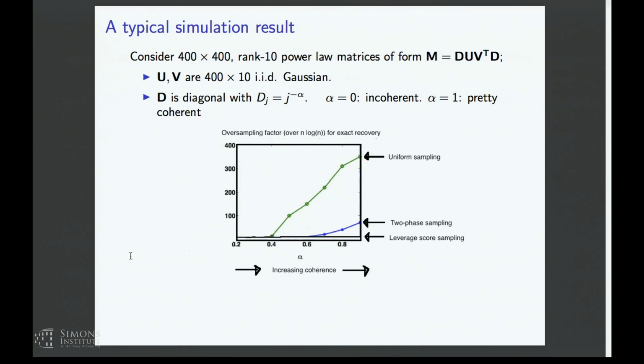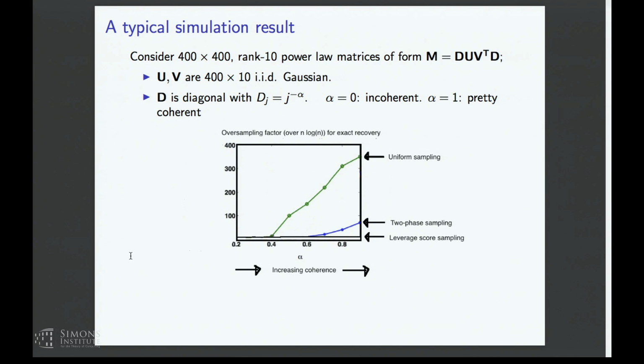And I have this very sad little picture. It's really embarrassingly sad, but it's all I have, so I'm going to show it anyway. This was a typical simulation result. We looked at 400 by 400 rank 10 matrices that had a power law structure, so of the form D times U times V transpose times D, where U and V are tall, thin, IID Gaussian matrices.